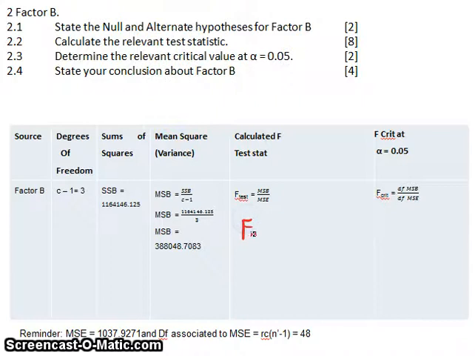And so we'll do it in exactly the same way. The null hypothesis for factor B, and factor B is, remind myself again, the department.